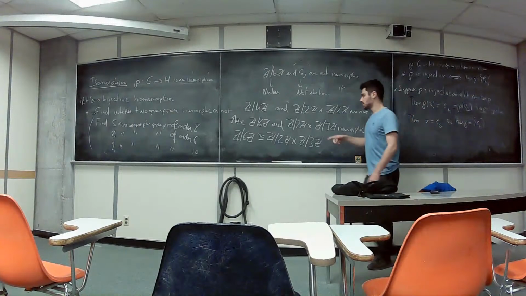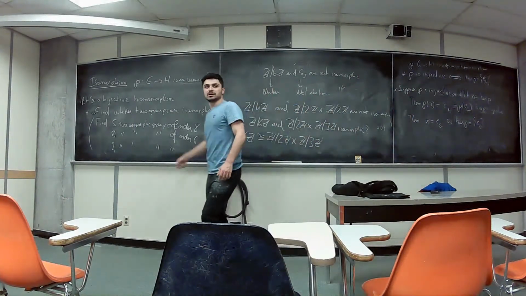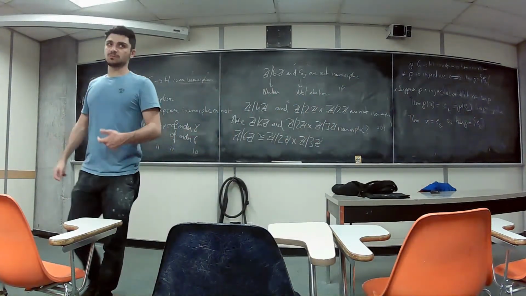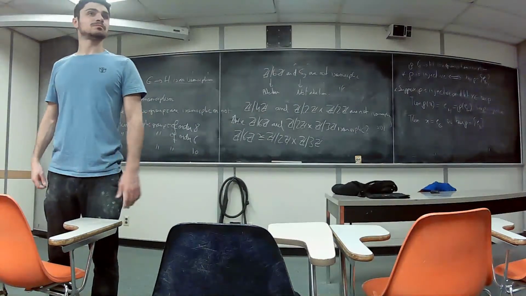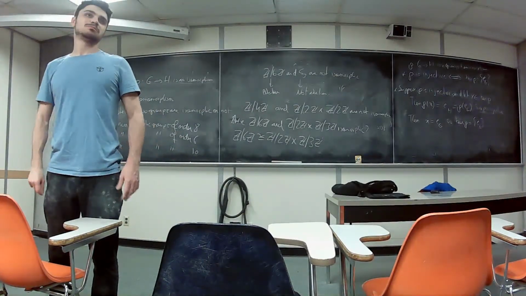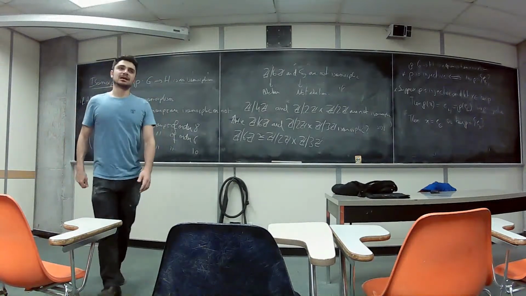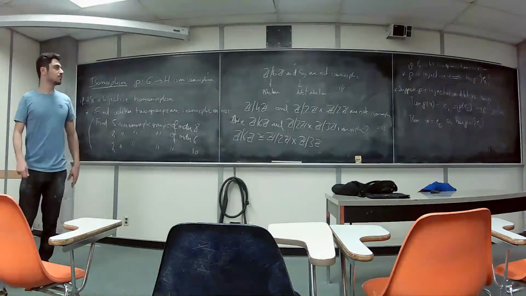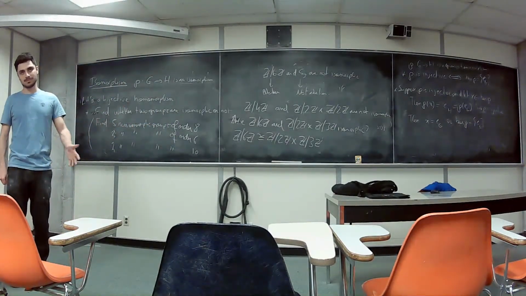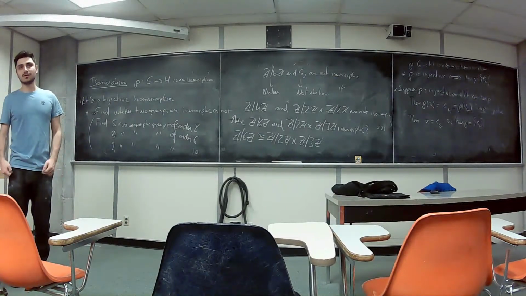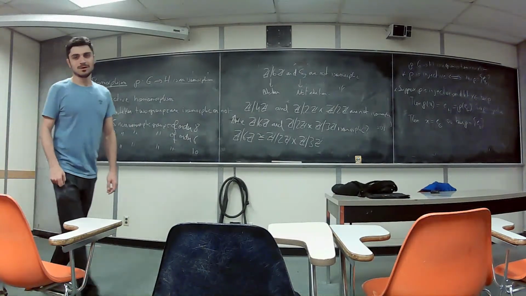You can say by the Chinese remainder theorem, 2 and 3 are relatively prime, so Z mod 2 cross Z mod 3 is isomorphic to Z mod 6. You can use the theorem immediately. 10 marks, free, unless it says proof of theorem. Unless I say, find an element of order 6 in Z2 cross Z3, then you have to be more specific.